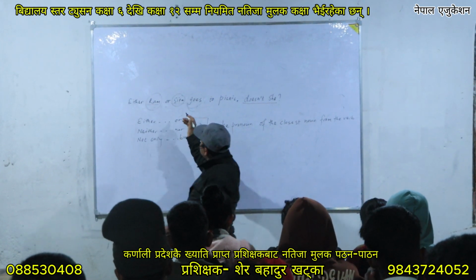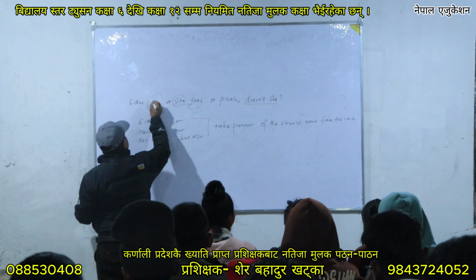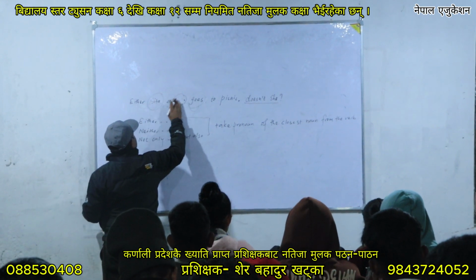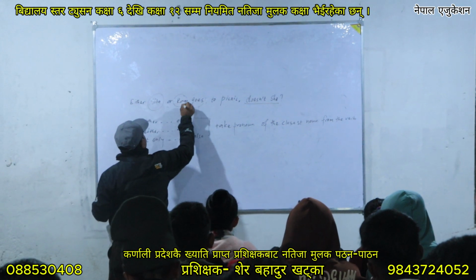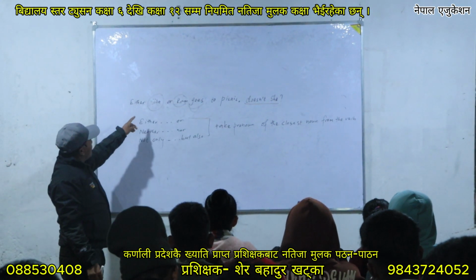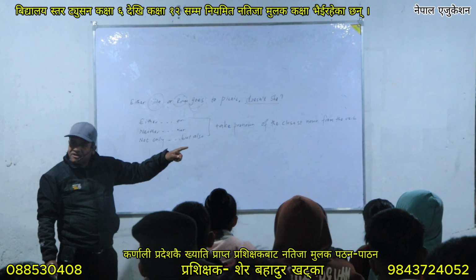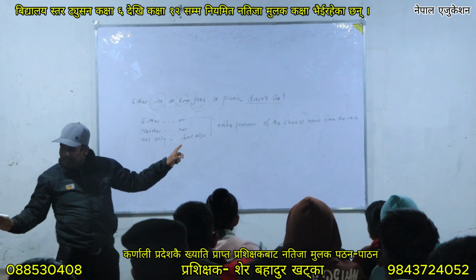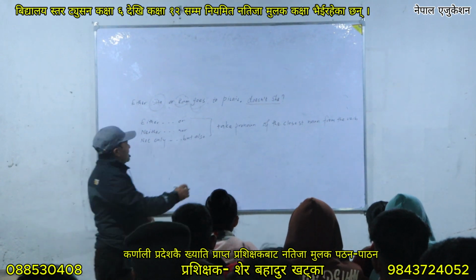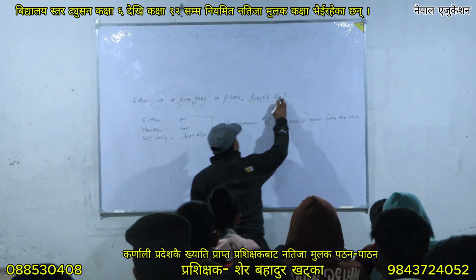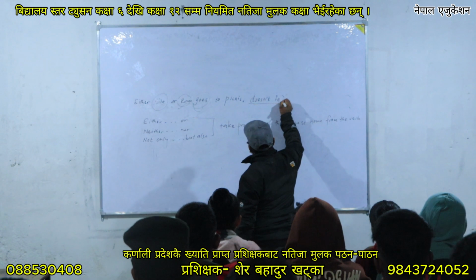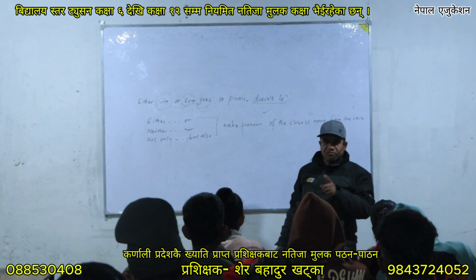Therefore, here is Sita and here is Ram, what would be the correct question tag? Yes, be clear. See, if here is Ram, it could be what? He. Therefore, while taking the pronoun, be clear.